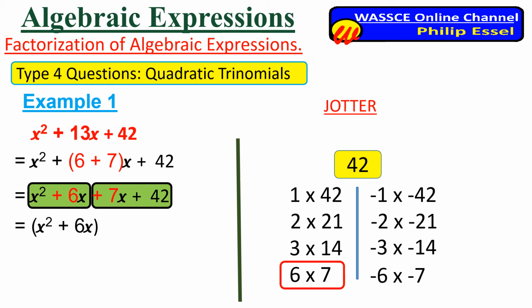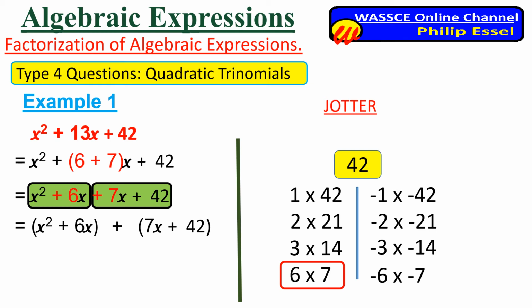Let's put all of them in one bracket. And the second part is our positive 7x plus 42. We are putting all of them in another bracket. And the two parts will be separated by this plus sign.